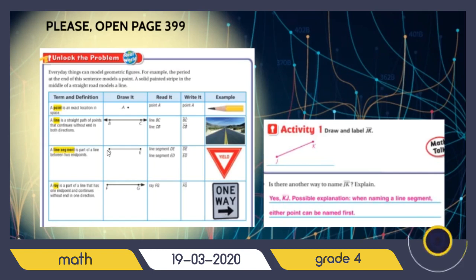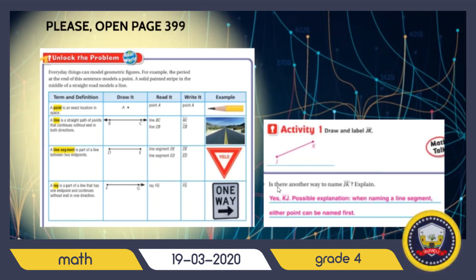So if there are 2 endpoints, it represents a line segment. So if I want to draw JK or KJ, it doesn't matter because I can change their place. So JK, and it will be endpoints, not endless points. So J, from J to K.